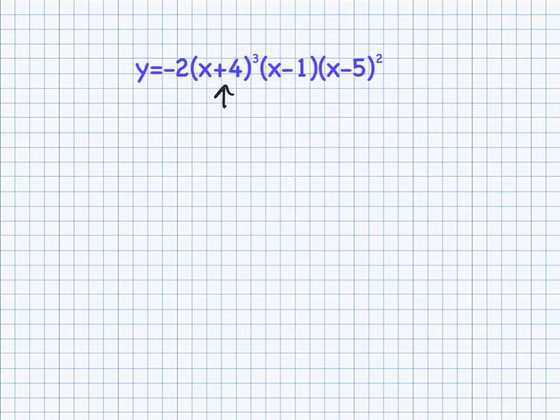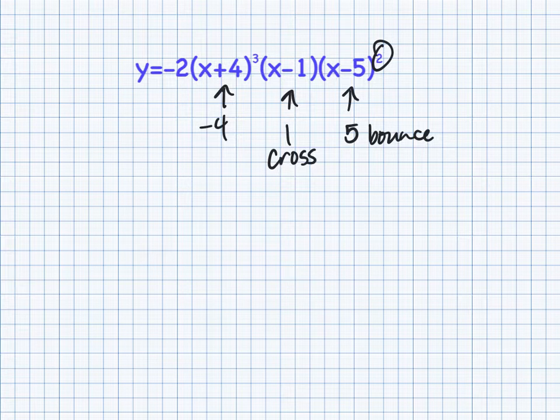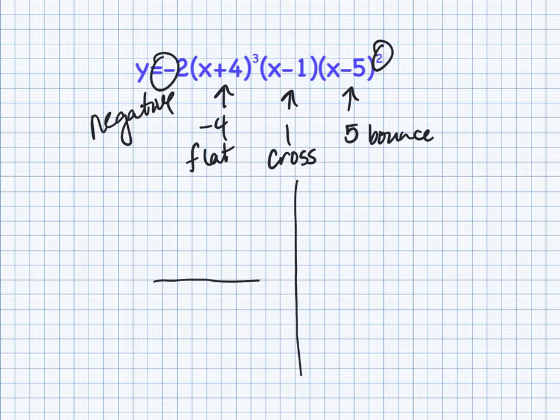This one, I'm going to have an x of -4, x of 1, x of 5. This one is going to bounce. This one will cross. This one will go flat. And I have a negative orientation. So when I sketch this, cross at 5, cross at 1, cross at -4.